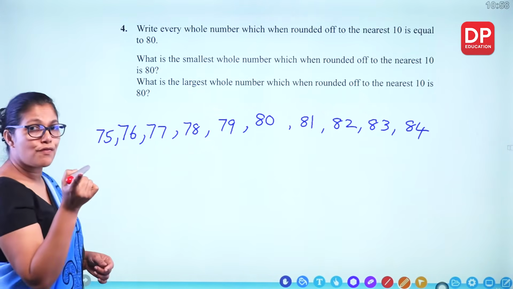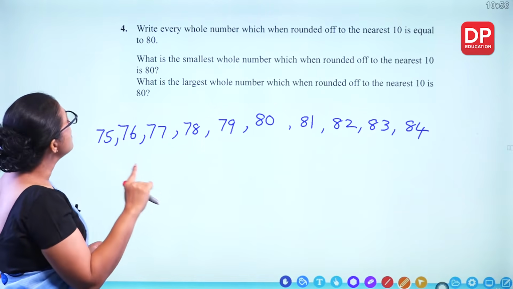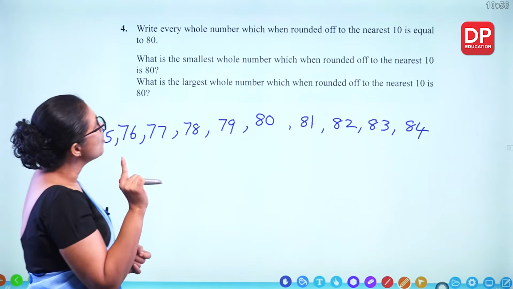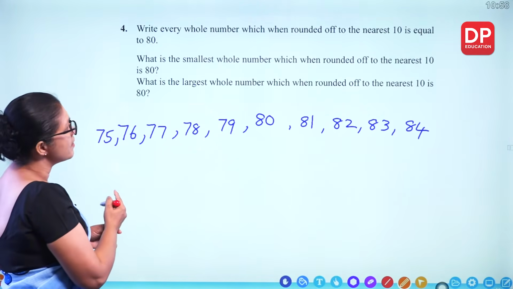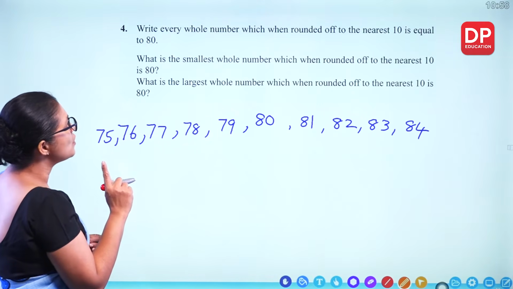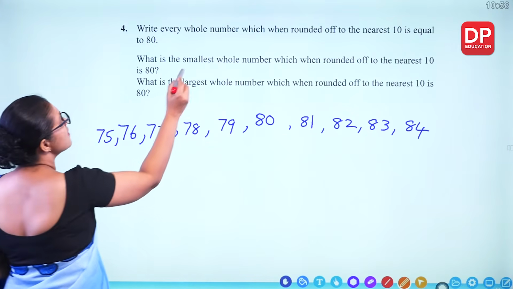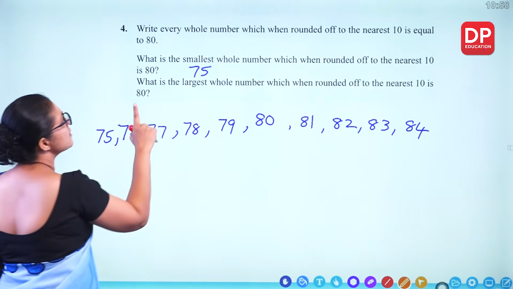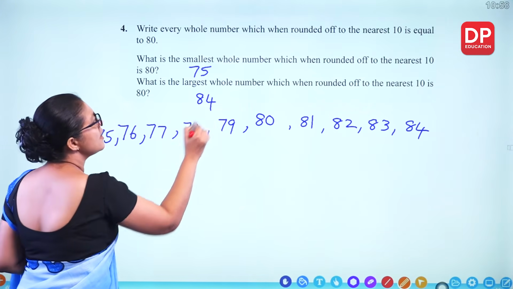Can we take 74? You can't, that becomes 70. So these are the whole numbers which when rounded off to the nearest 10 is equal to 80. What is the smallest whole number which when rounded off to the nearest 10 is 80? 75. What's the largest value? 84.